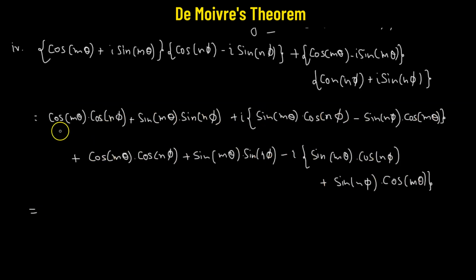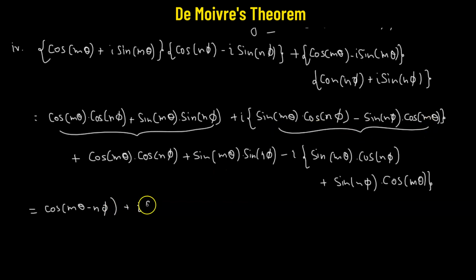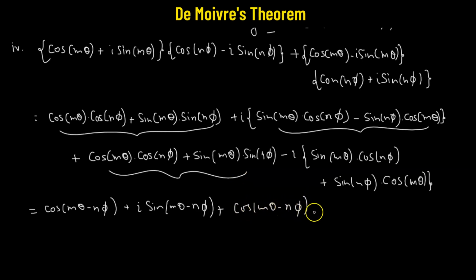So now this entire expression is equivalent to cosine of m theta minus n phi plus iota times, so this expression is the expansion of sine of m theta minus n phi, plus, so this expression will be cosine of m theta minus n phi minus iota times sine of this particular expression, which is simply m theta minus n phi.